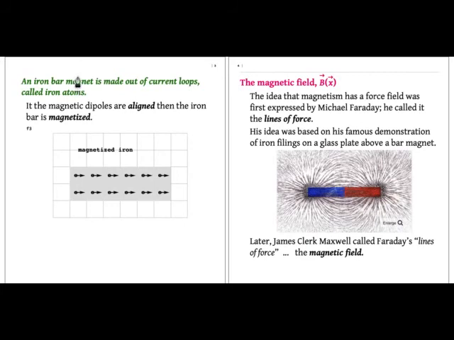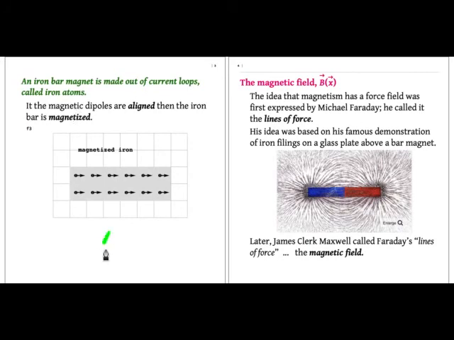Now, a piece of iron is not always magnetized. You can have pieces of iron with no magnetic effects. But a piece of iron can be magnetized. And when a bar magnet is magnetized, the magnetic dipoles are all aligned in the same direction.